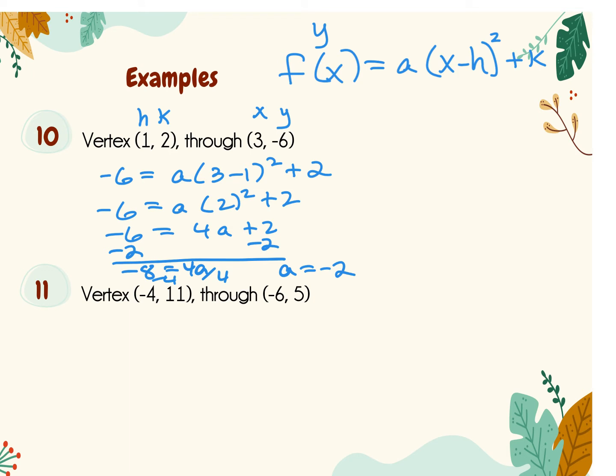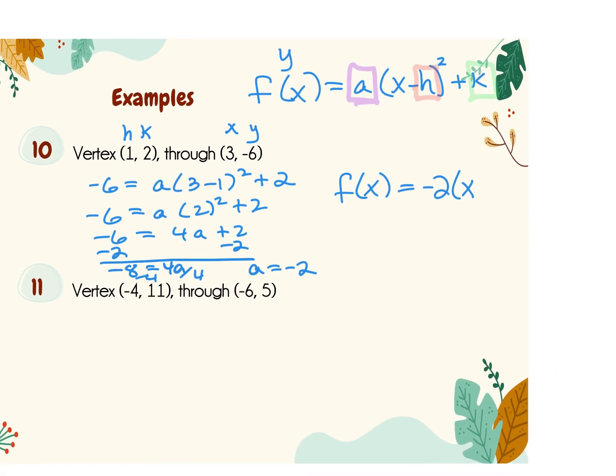Now what I'm going to do is go back to my equation. I'm going to fill in a, I'm going to fill in h, and I'm going to fill in k. So again, we're going to fill in f of x, my newly found a, which is -2. My h was given to me at the beginning.